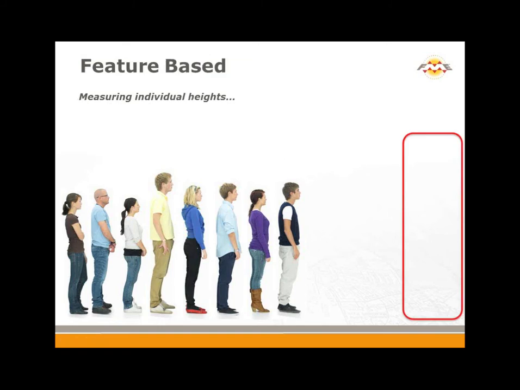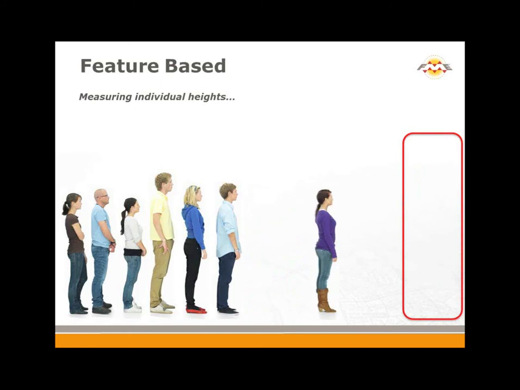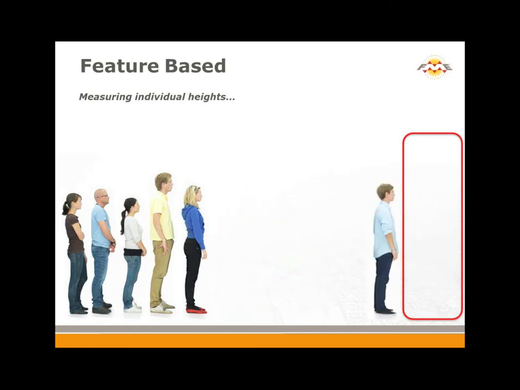To illustrate that, say we wanted to measure the height of all of these people we've got on screen. That would be a feature-based process. We can take each person, or each feature, one at a time, move them into our measuring facility, measure their height, and send them on their way. We can keep doing that with all of these other people, one person at a time.